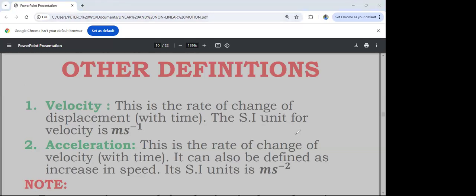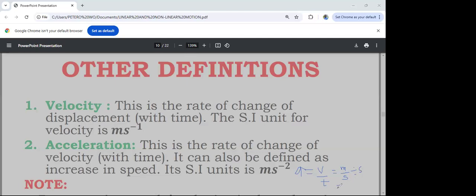Because acceleration a is equal to velocity divided by time. Remember, our velocity is in meters per second, so we have meters per second divided by time, which is also in seconds.